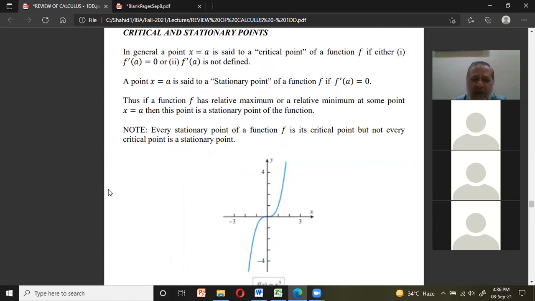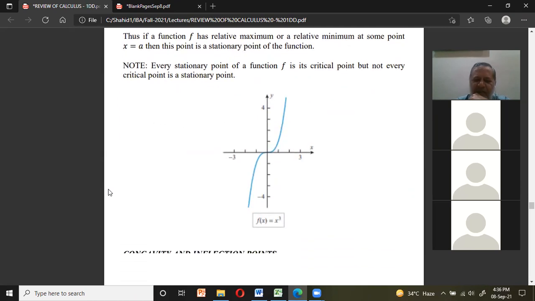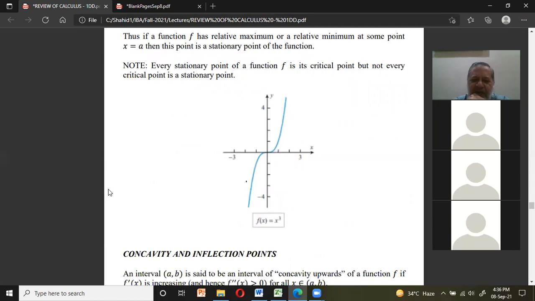There are some critical or stationary points where we don't have the second derivative available, or we have a situation where the function is increasing and keeps on increasing, passing through a stationary point where the tangent is horizontal.